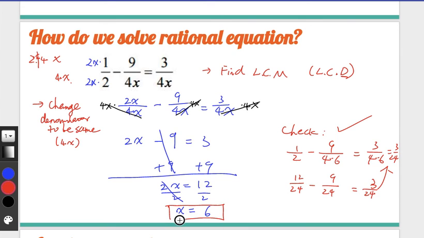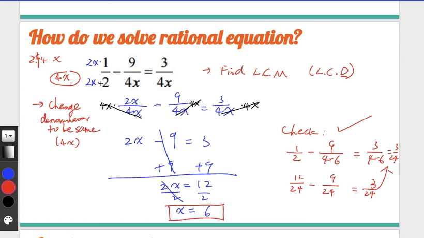Now let's quickly go over what I did to solve the equation. Very first, I checked the denominators are 2 and 4x. So I think, hey, what is the least common multiple between these two terms, which is 4x. So that will be the goal to change each one to. The 4x you don't need to change, you just keep it. For 2, I multiplied by 2x.